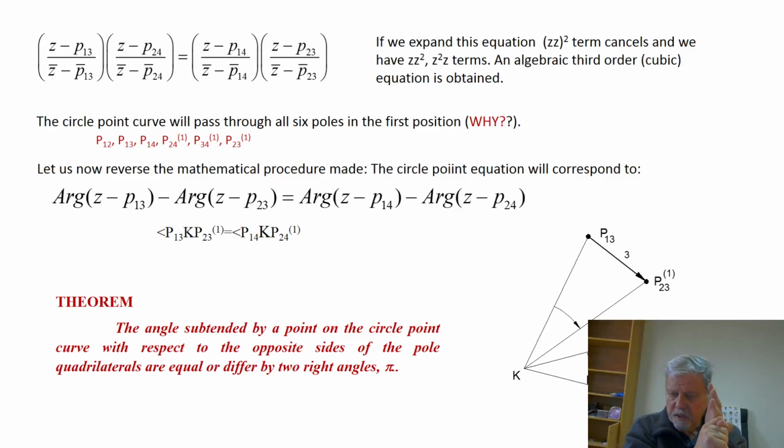P12 will be at position P12 in position 1. It will be at the same point P12 in position 2. In position 3, it will be P123. In position 4, it will be P124. Notice, it will have 3 positions for 4 positions of the moving plane. Can you pass a circle through those 3 points? You can always pass a circle through those 3 points. So these poles will be on the circle point curve.